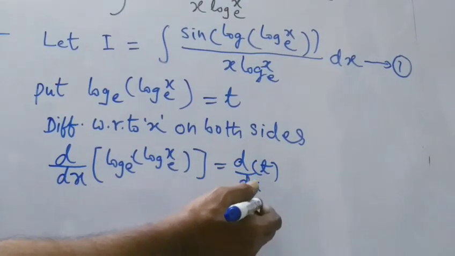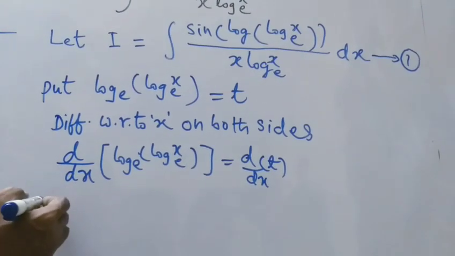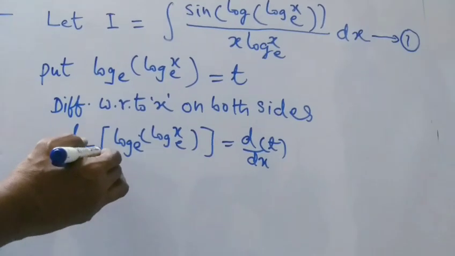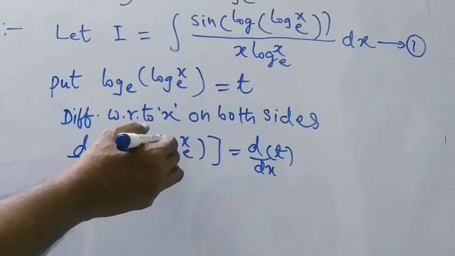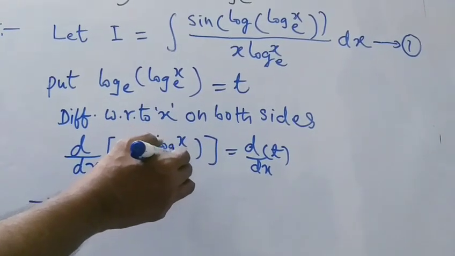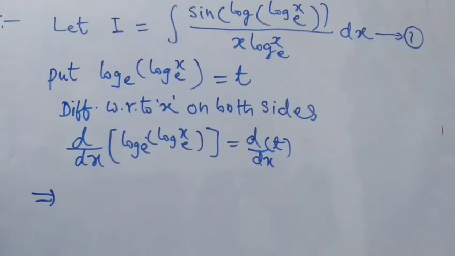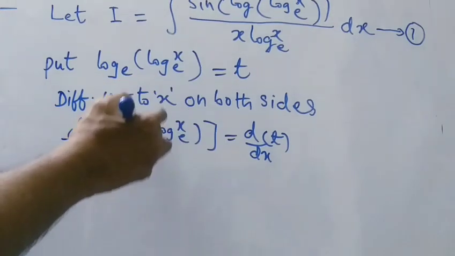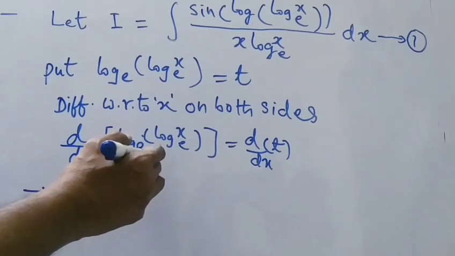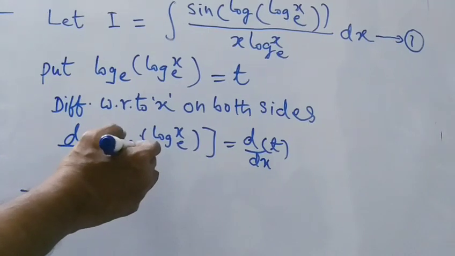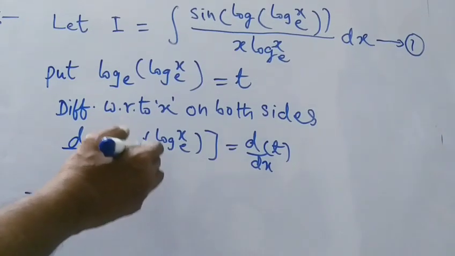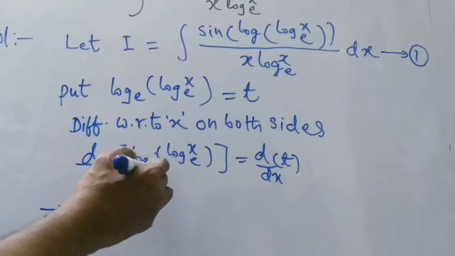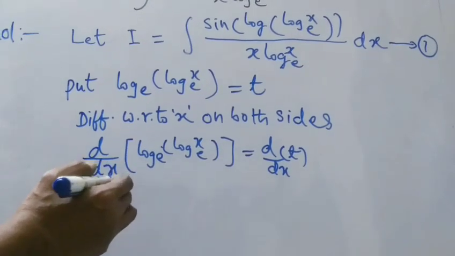That means dt by dx implies, here the internal term is log x to the base e, which is x, so it becomes log x only. Differentiation of log x is equal to 1 by x. So, it becomes 1 by log x to the base e.